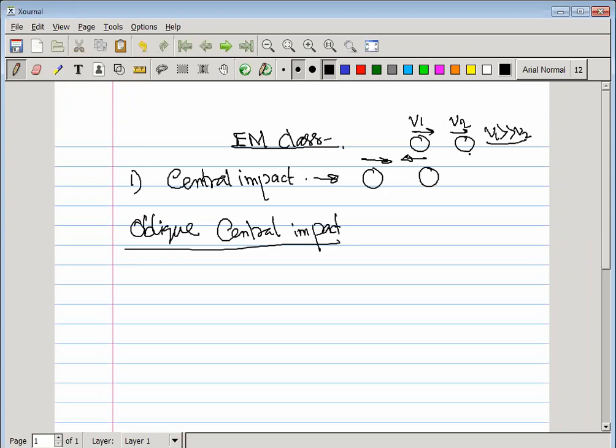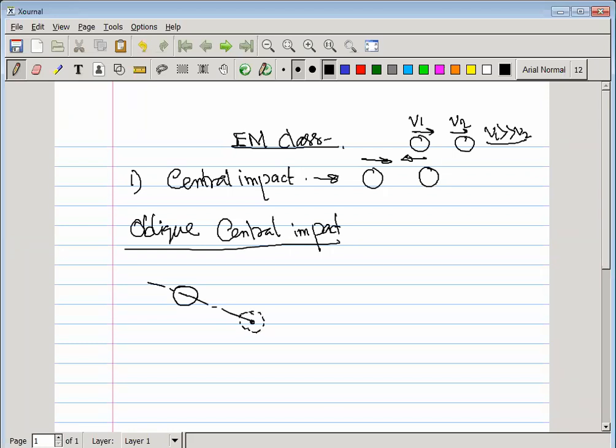Now in oblique impact, what we have to understand is this. First let me do the drawing. Suppose a body or particle which has a certain velocity moves in this direction, for example. Suppose the body is this one.